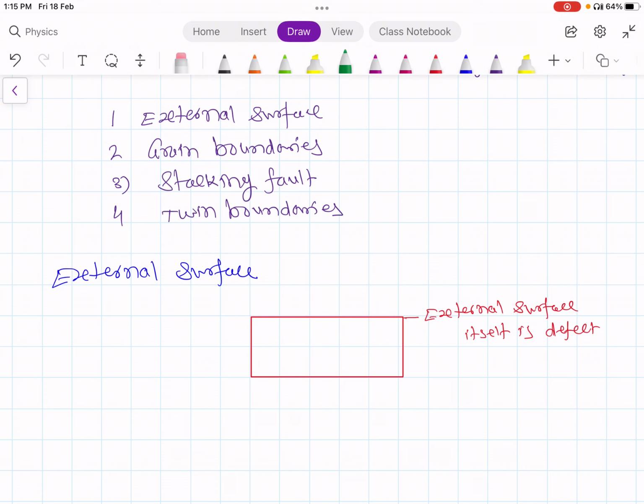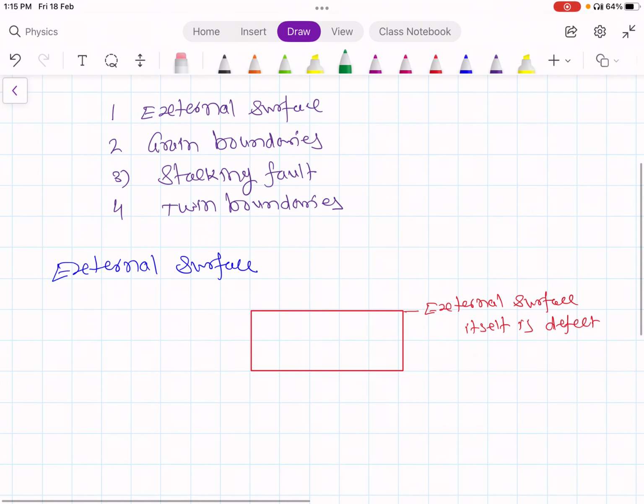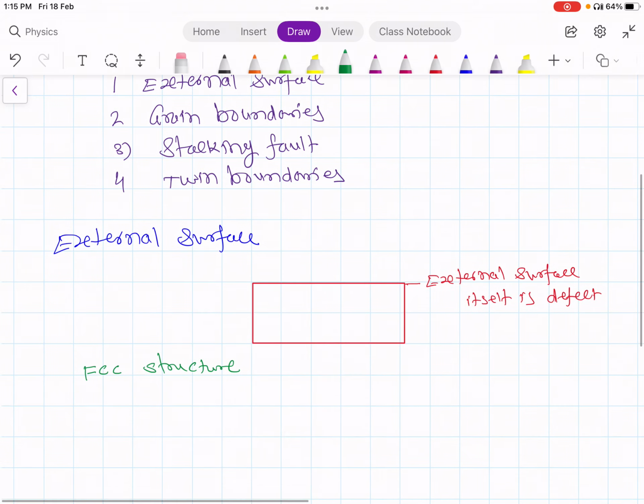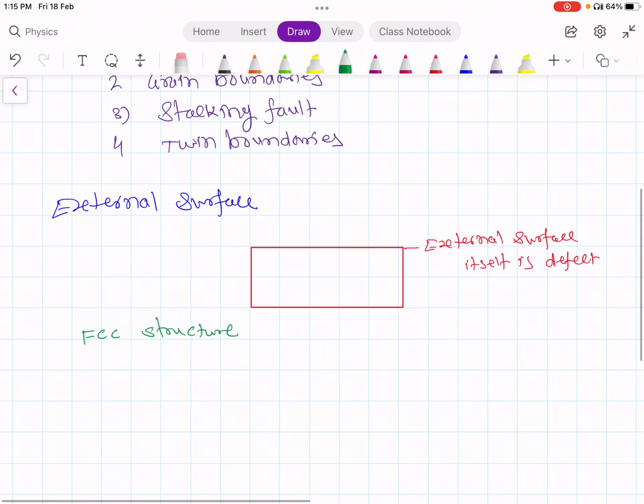Now there are atoms. For that, consider FCC structure. You know that in case of FCC structure, its coordination number is 12.